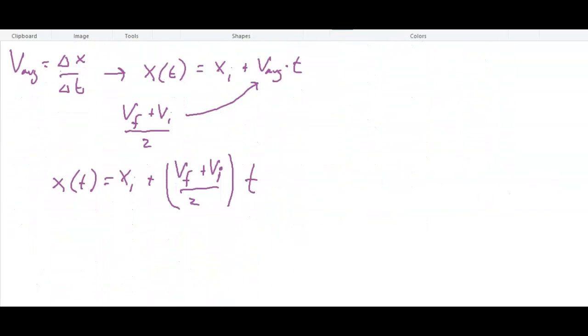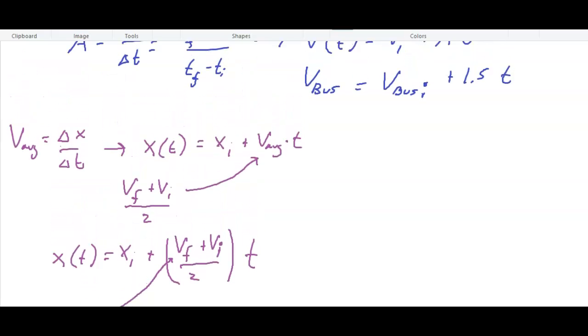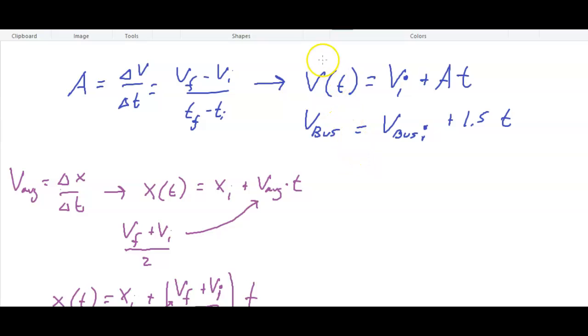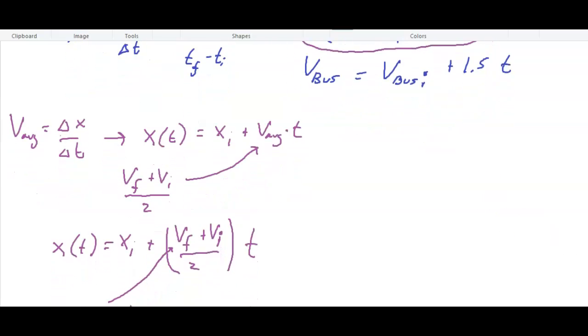So we have this equation here that v final is equal to v initial plus the acceleration times time. And you can see how that one right there comes from this one right here, that v final, or any velocity at any point in time, is equal to its initial velocity plus the acceleration times time.